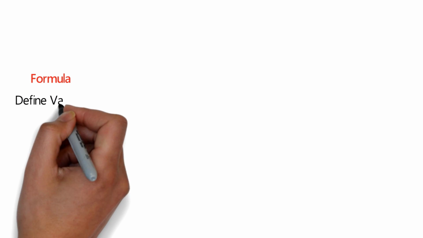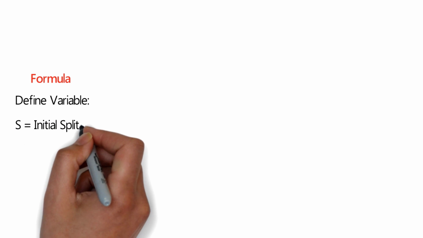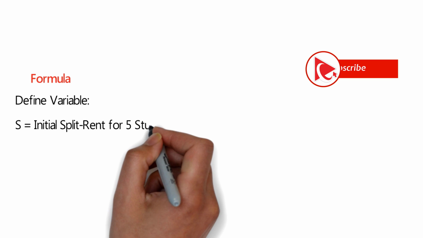One of the easiest ways to solve this challenge is to create a formula. Let's start by defining a variable, S, which represents the initial split rent for 5 students.